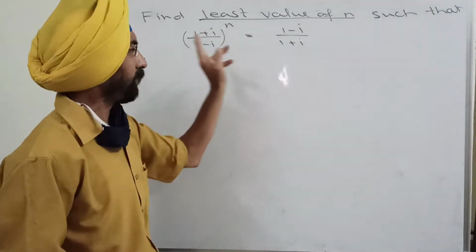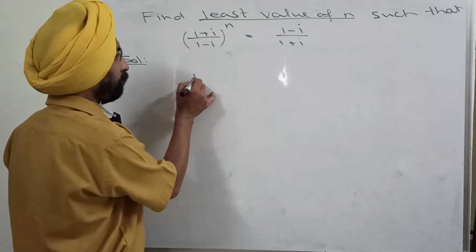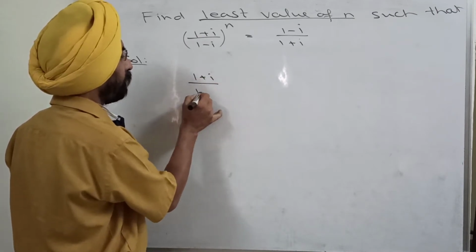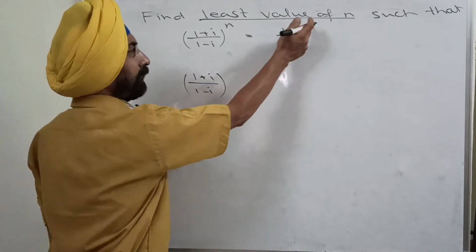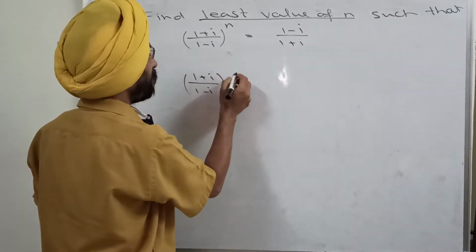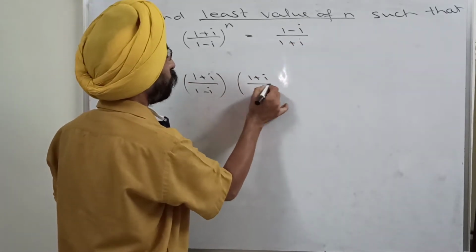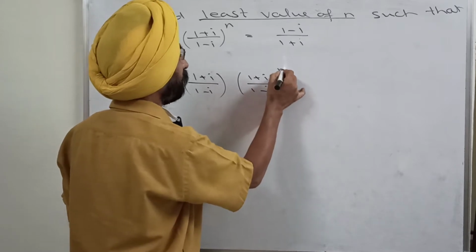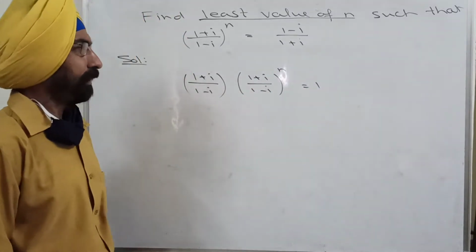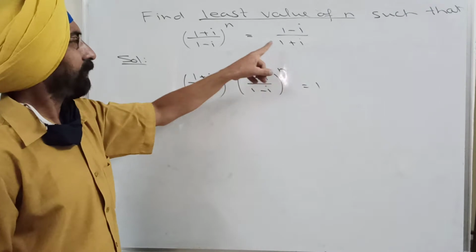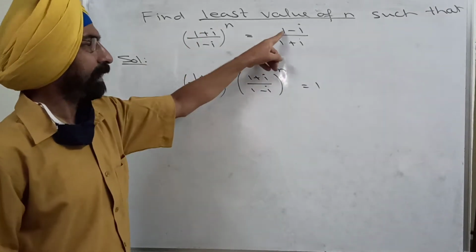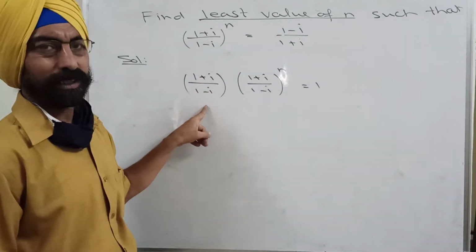So in the next step you will get (1 plus iota over 1 minus iota) multiplied by (1 plus iota over 1 minus iota) raised to the power n is equal to 1. This 1 plus iota has become the numerator here, and this 1 minus iota has become the denominator here.